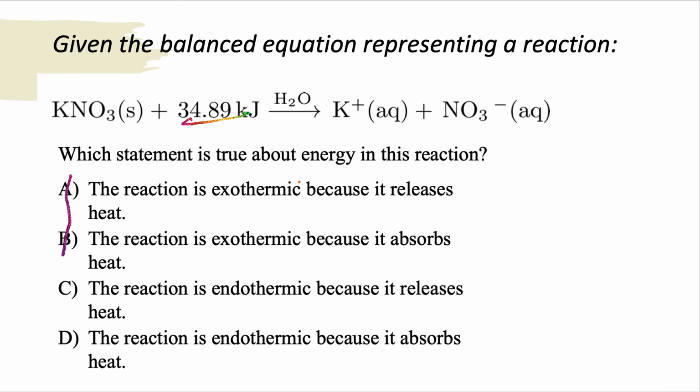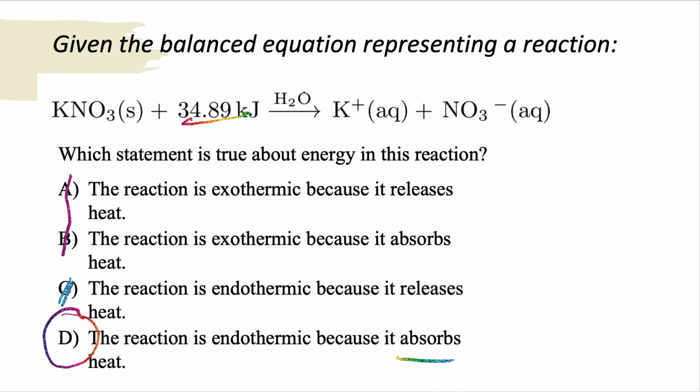Then it asks, is it absorbed or releasing energy? You're not really looking at the equation anymore. You just have to remember that endothermic means to be absorbed. When energy or heat is released, that's exothermic, so that's how we know it's not C. So the answer would be D.